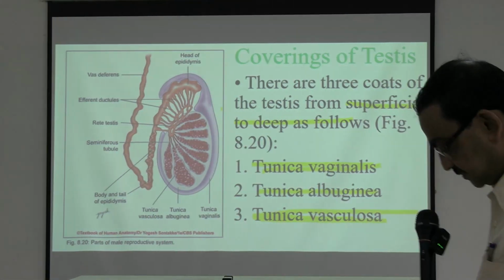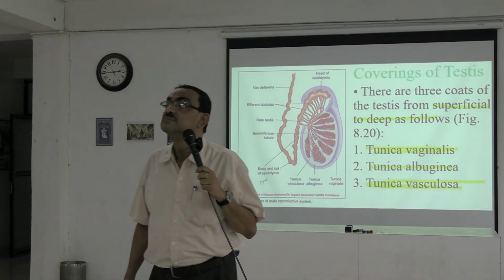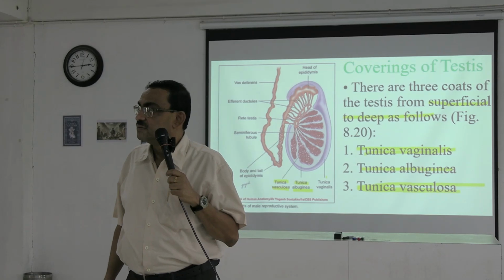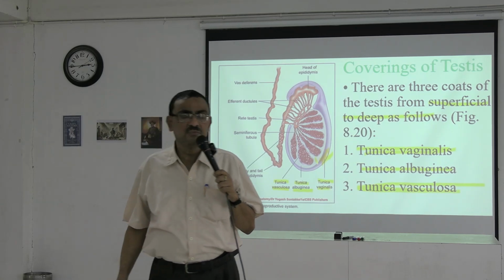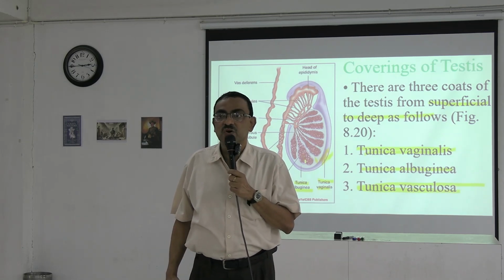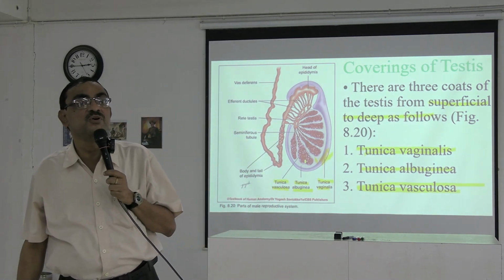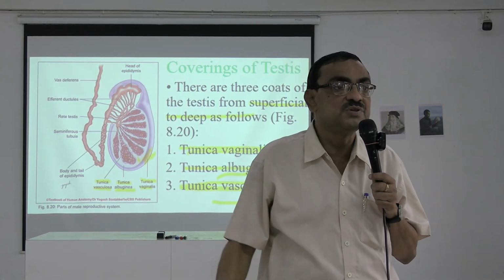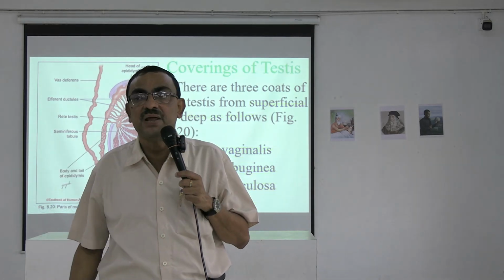During the embryonic period, the testis develops in the dorsal wall of the abdominal cavity, from where it is dragged through the deep ring, then the superficial ring, and ultimately reaches the scrotal sac with the help of the gubernaculum. The gubernaculum not only drags the testis, it also drags the peritoneal sac, which is called the processus vaginalis.